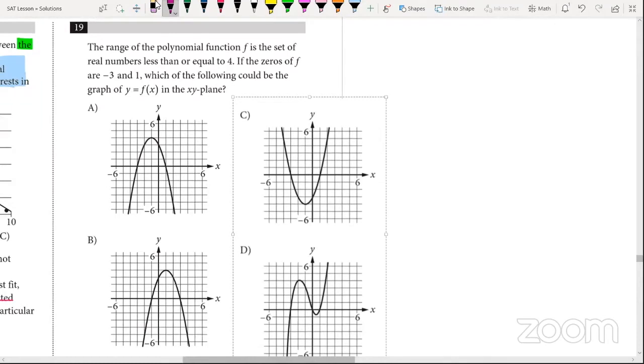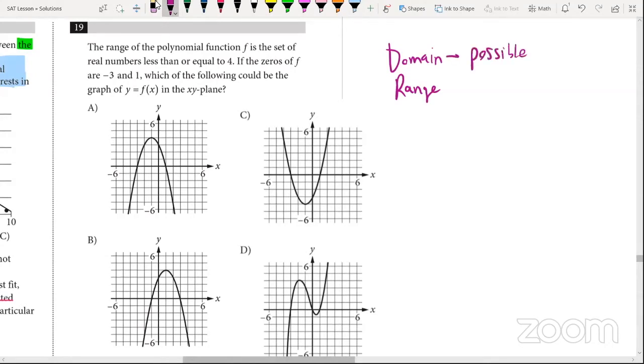So what's domain and what's range? The domain of a function is all the possible x values in the function. If you zoom all the way out, which x values are included in the function. And the range is the possible y values. This question is telling us that the range of function f is real numbers that are less than or equal to 4.